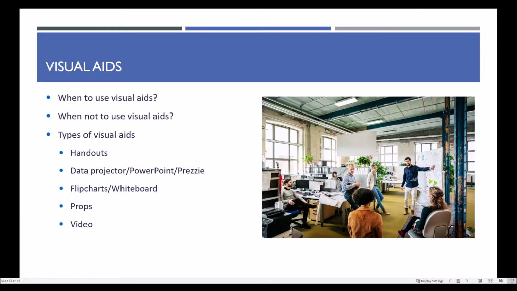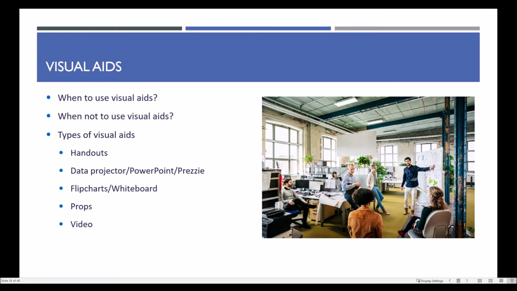The other thing to incorporate in your delivery is the use of visual aids. Visual aids can be a terrific tool to help people to understand the message that you're sharing with them. In some cases, PowerPoint presentations or handouts, using flip charts or props or videos can be terrific tools to switch up the pace, to get people to really interact and connect.